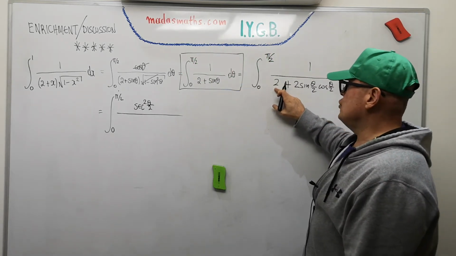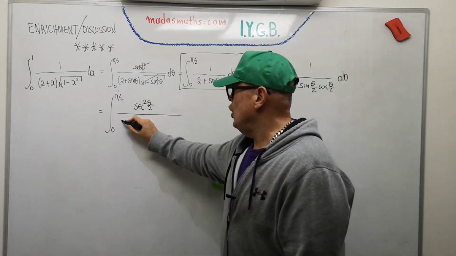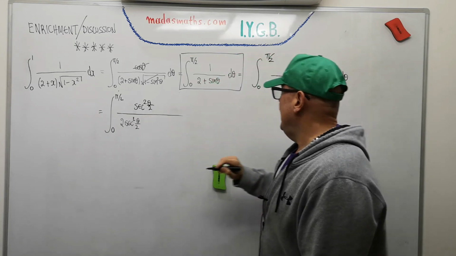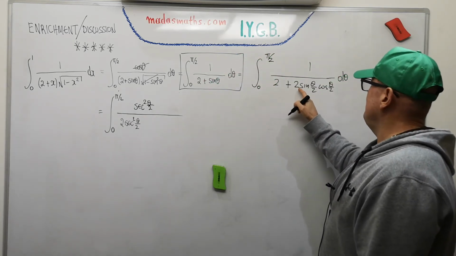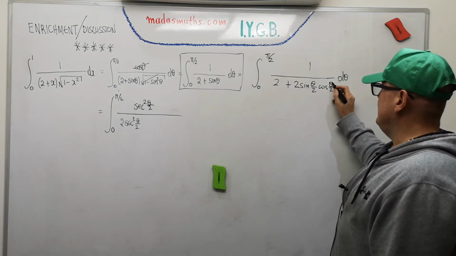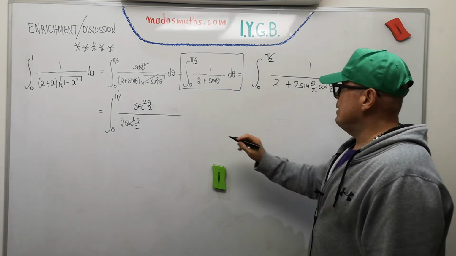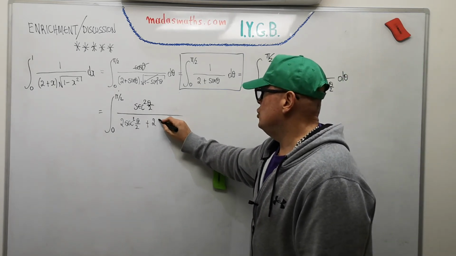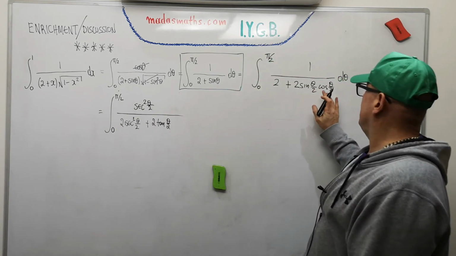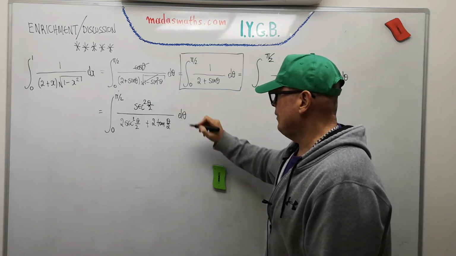It will give us 2 sec squared of theta over 2. And if you divide this quantity here by cos squared of theta over 2, one of them will cancel this, and the other one will turn this into a tan. So this is going to become plus 2 tan, not squared, of theta over 2. And that is that bit in there. Still d theta. No substitution used whatsoever.